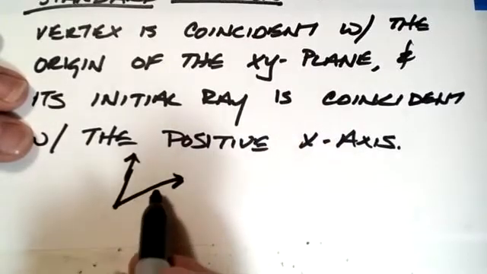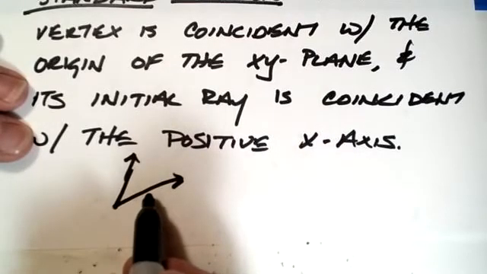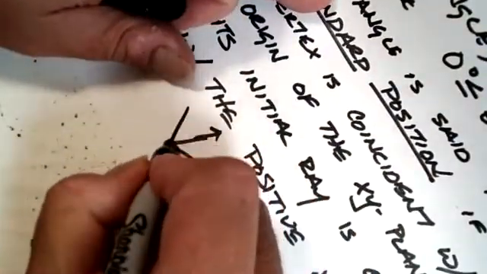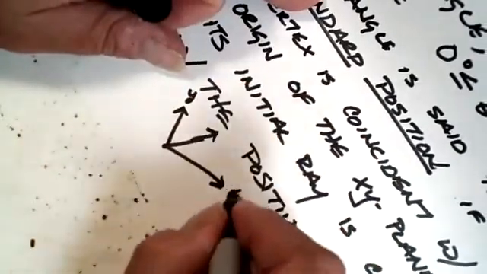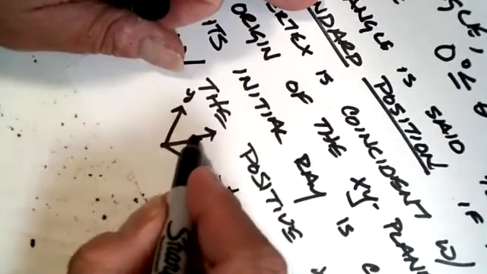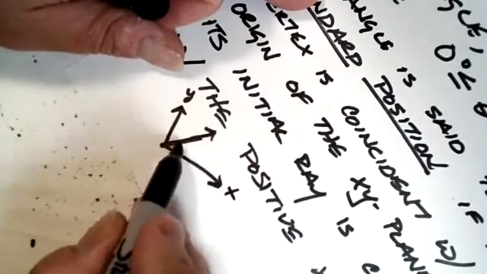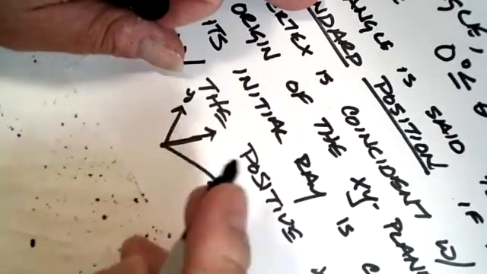If this is your angle and this is, say, your initial side, then we can in some sense create a coordinate system where this is the positive y-axis, this one has to be the x-axis, and now this angle is in standard position.